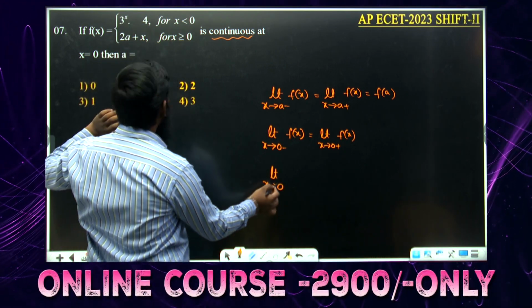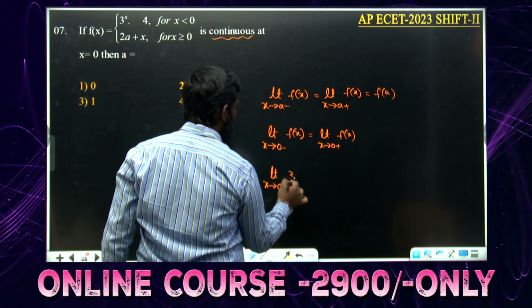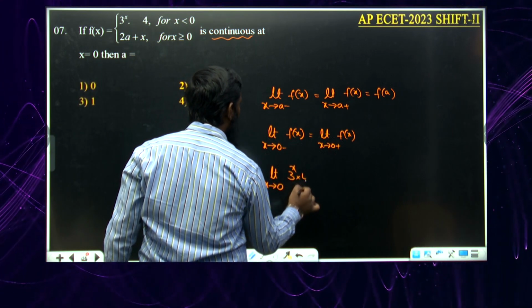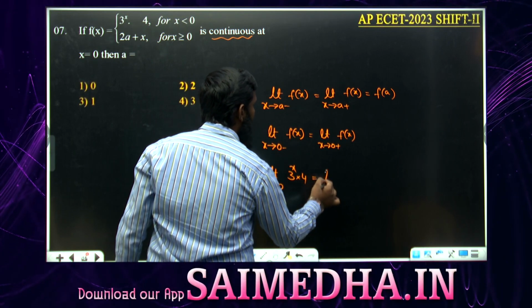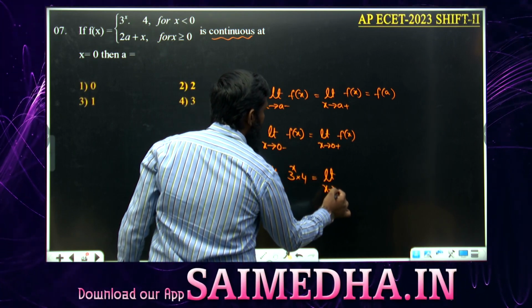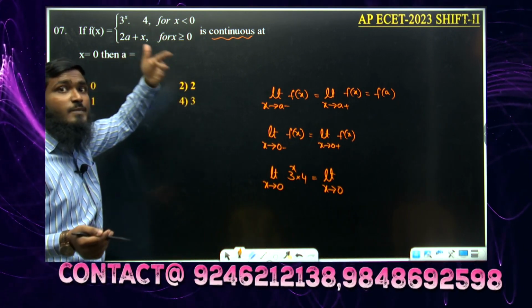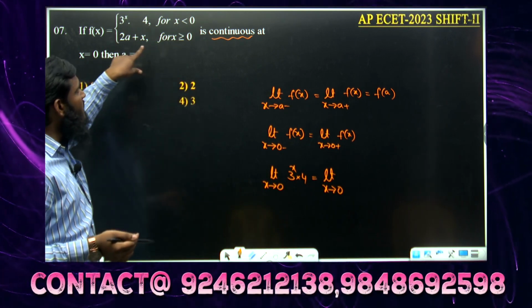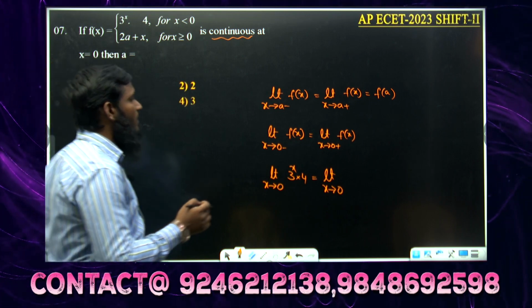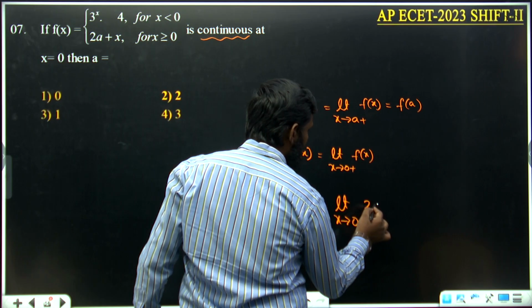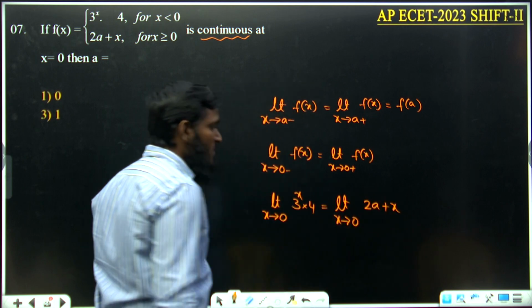The function is 3 power x into 4. Similarly, it is equal to limit x tends to 0, and here also I have taken 0. Now for 0 plus, which means greater than 0, the function we take is 2a plus x. Like this I have taken.